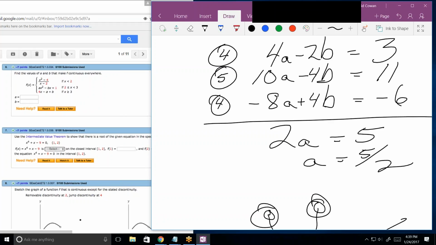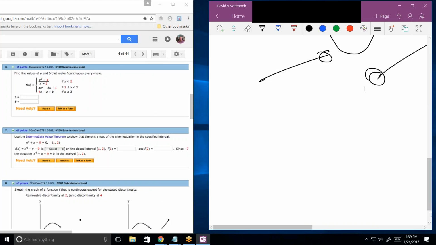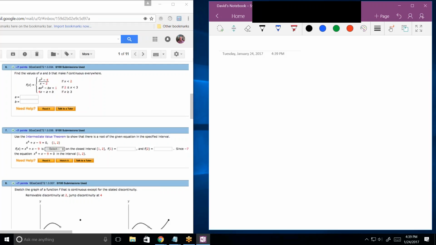All right, let's have a look at 7. Use the intermediate value theorem to show there is a root of the given equation in the specified interval. Here's what the intermediate value theorem says.